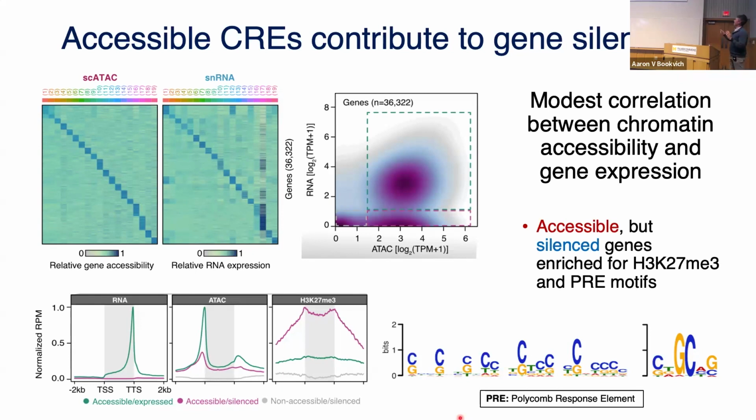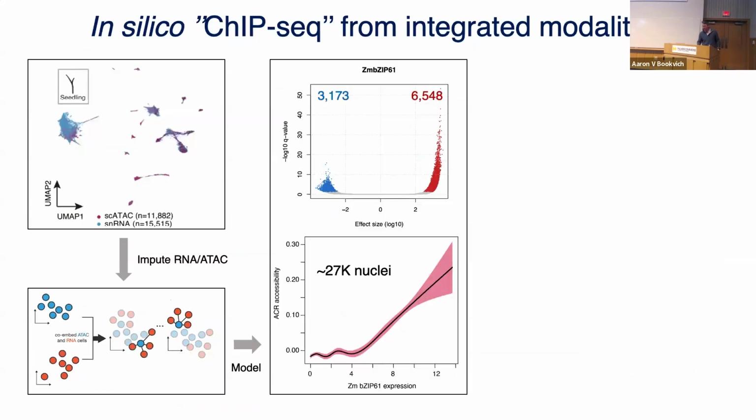This is actually one of the first instances, at least in plants, that shows that you have to have some level of accessibility in order to facilitate silencing, and that it still somewhat maintains an accessible configuration. That allows the PRC2 complex to come in and silence those genes. So it's not just a ball of wound up chromatin. There's actually some fluidity and accessibility there.